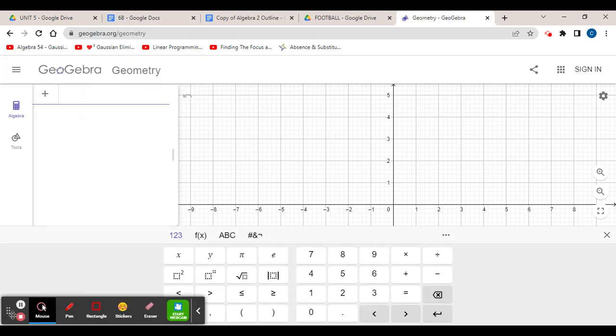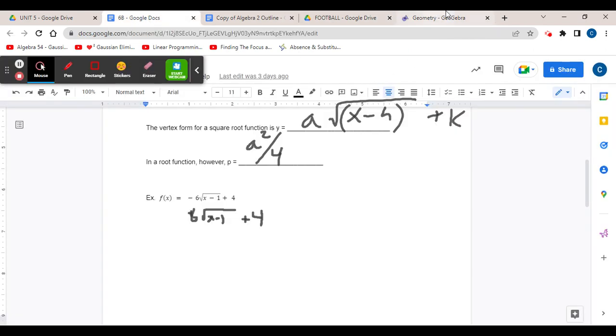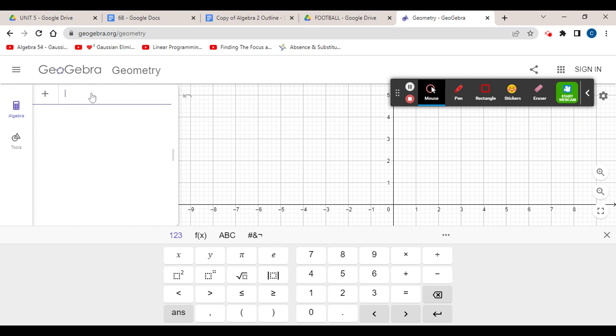So here, I'm going to come to our input and get this out of the way. So y equals negative 6 times the square root of x minus 1, plus 4.